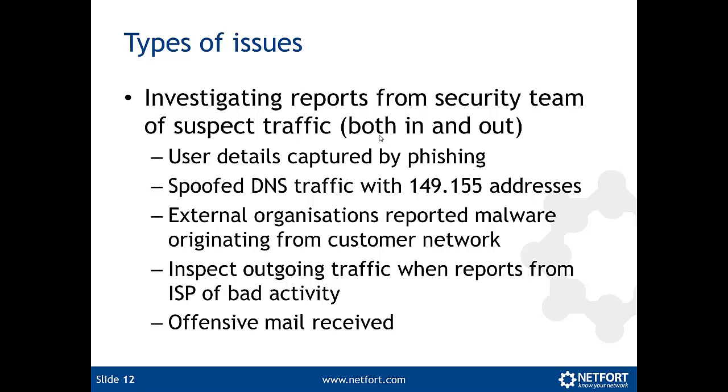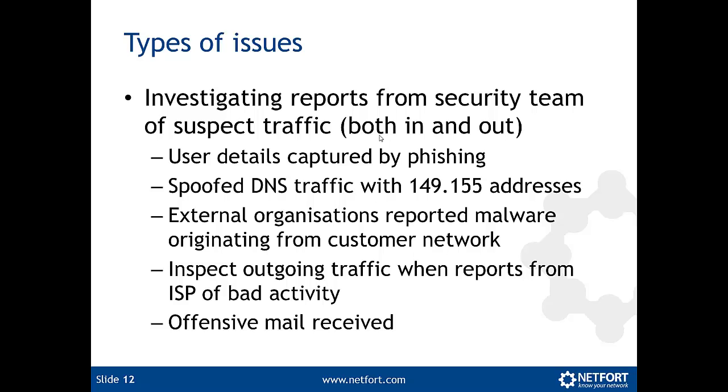So user details captured by phishing, spoofed DNS traffic, malware on the network, and outgoing traffic where the ISP may say there's bad activity, that could be BitTorrent, peer-to-peer, or maybe offensive emails received. So if you want an overall view of how healthy your network is from a security point of view, LangGuardian is an ideal tool for that.